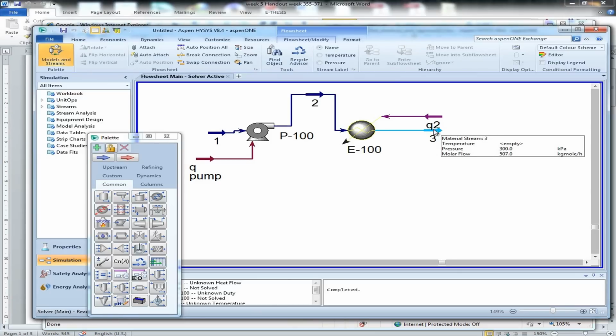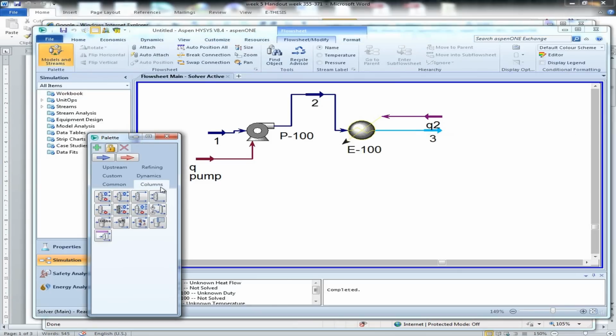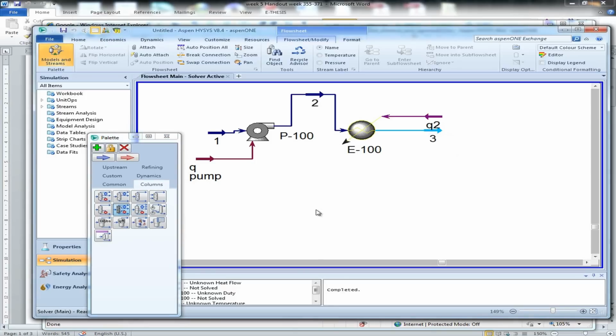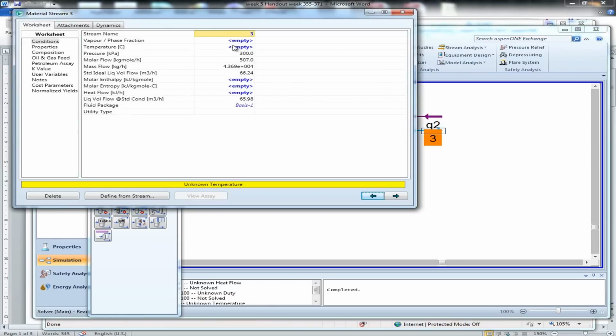Okay, at this point, before we put it into the distillation column, the easiest way is to set that at the bubble point.